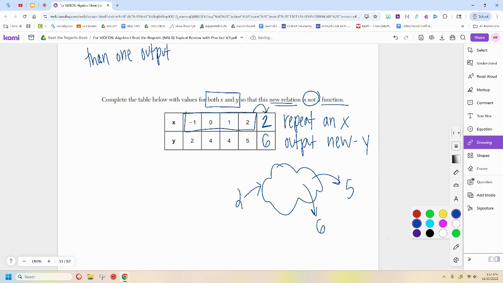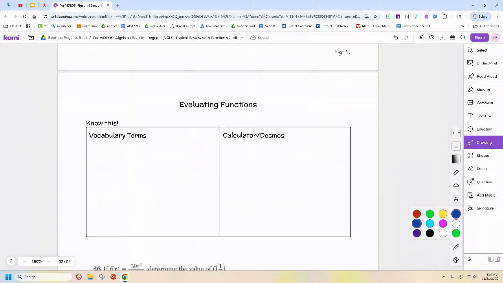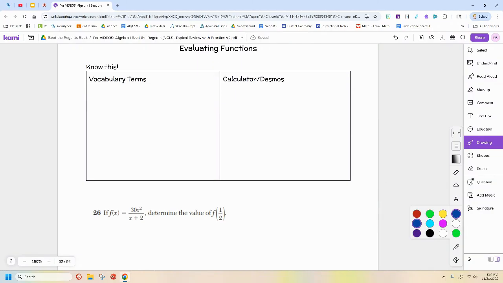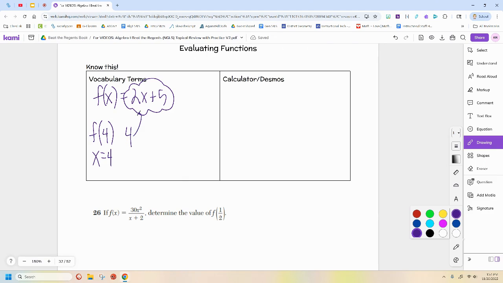Relation function question. All right, let's move on to another topic about functions, and this one's pretty easy. So evaluating functions. Basically, evaluating is using the function machine. So we have a machine, and for example, if it says f of x equals 2x plus 5, well, this is the machine that I've been putting that bubble in. And so I can say I'm going to do f of 4, and that means x is equal to 4, and I'm going to put that 4 into this machine.